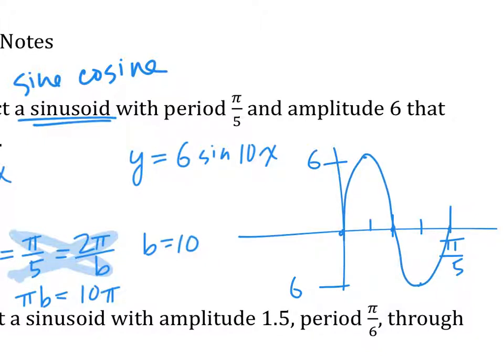But I want it to go through 2, 0. So it's probably somewhere right there, I think. I don't know where 2 is actually. 3.14. So maybe 2 is somewhere over here. So what can I do to this graph so it touches 2? There are many ways. What's an easy way?